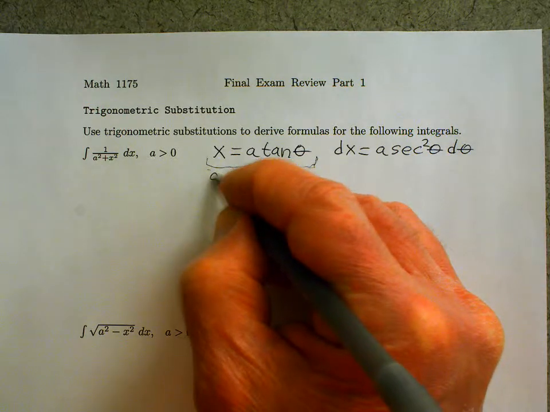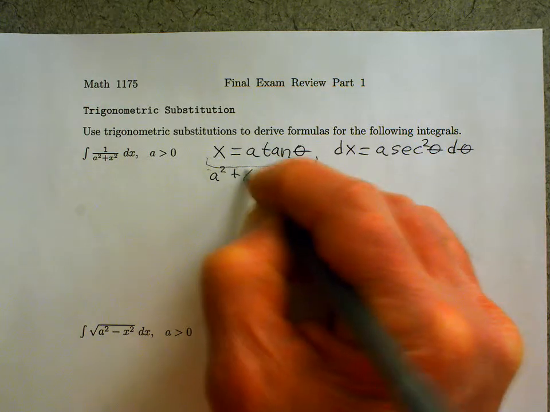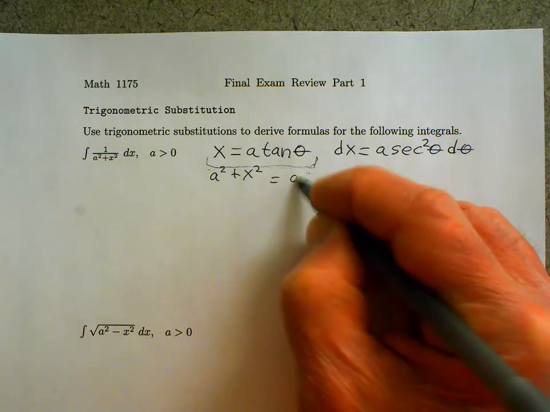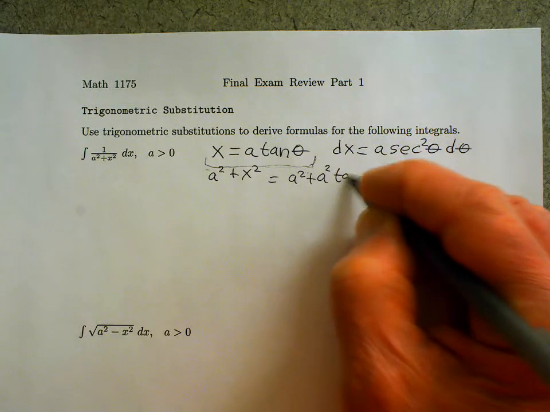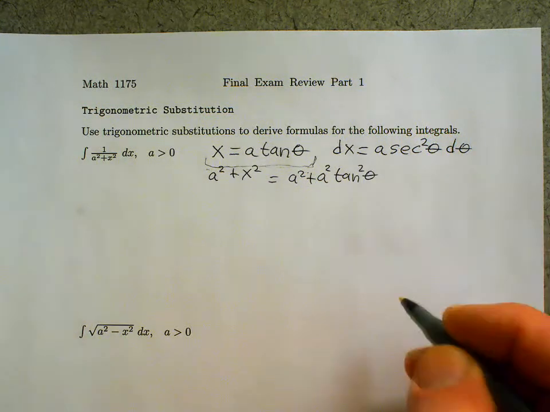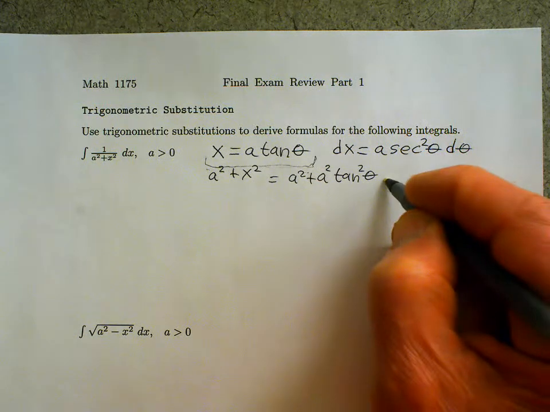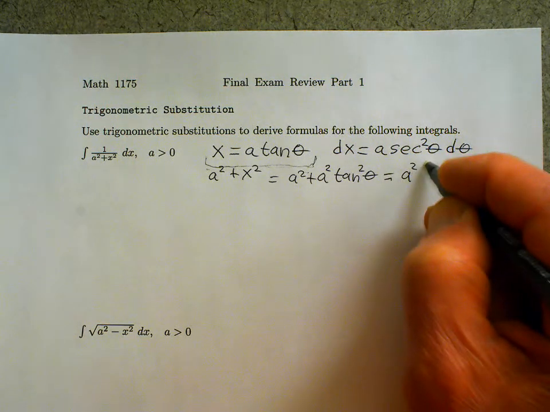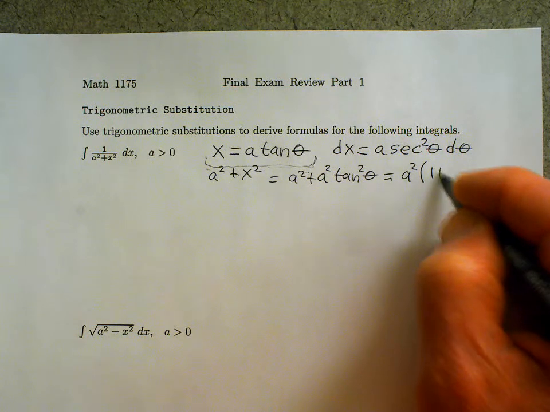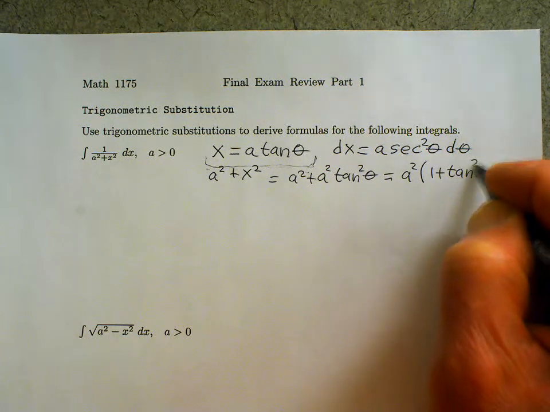And also a to the 2nd plus x to the 2nd is a to the 2nd plus a to the 2nd times tangent of theta to the 2nd. If we factor a to the 2nd out, we get a to the 2nd times the quantity 1 plus tangent of theta squared.